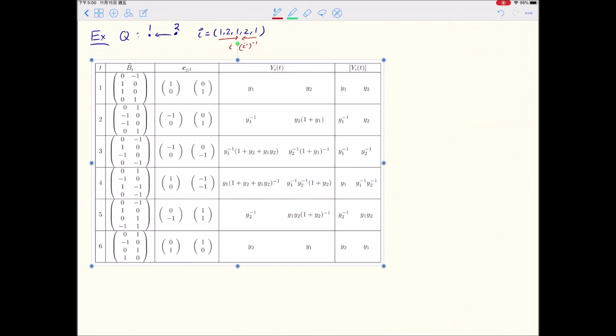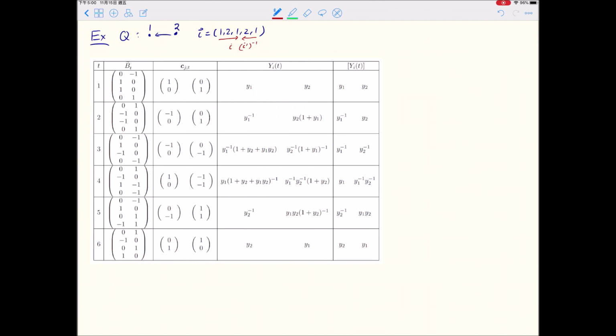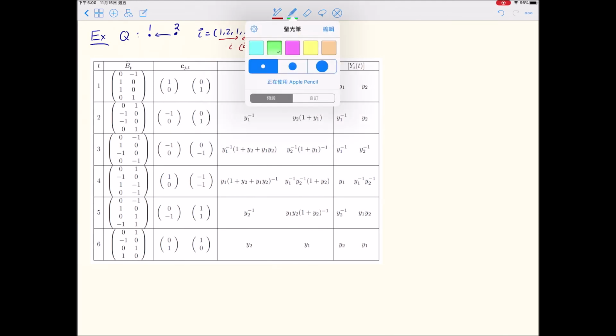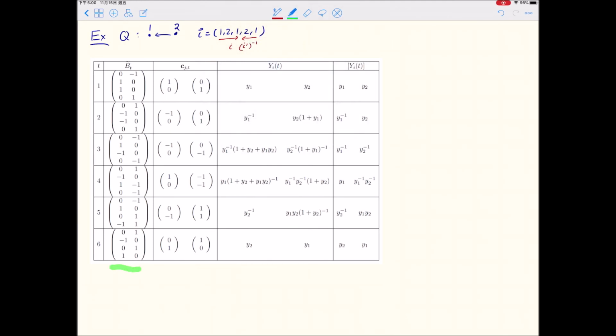So here I include all the extended exchange matrices for you. This is the extended exchange matrix. So I use the version where b12 is -1 and b21 is 1, because 2 is pointing to 1, and then this is the extended exchange matrix where I mutate using this sequence, and I have the corresponding C vector, which is just the lower part of the extended exchange matrix, and the corresponding variable and the tropical variable.